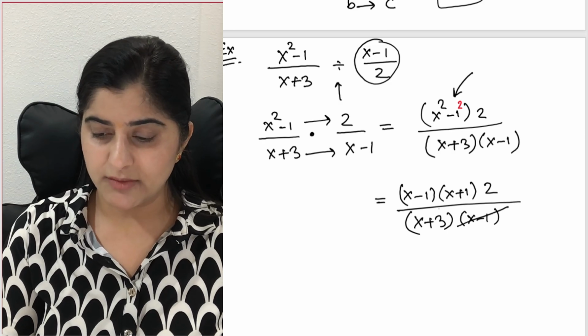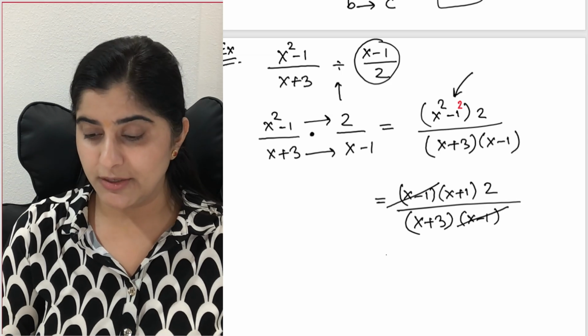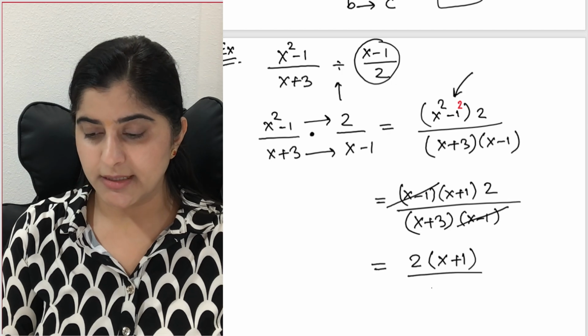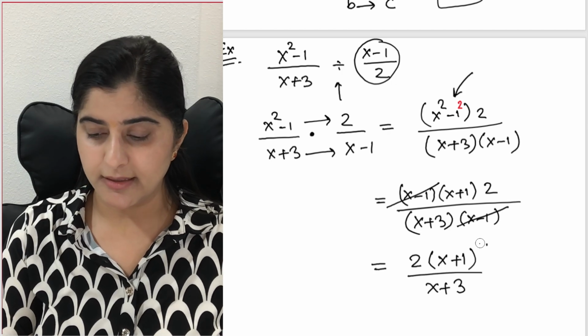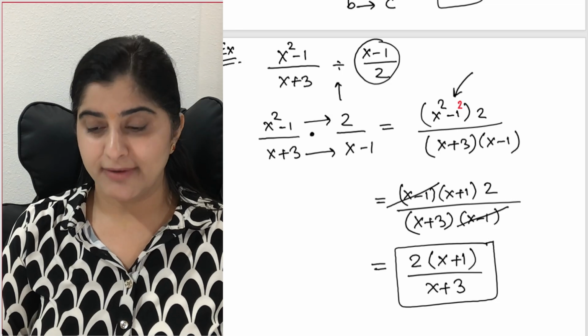You see that this factor is the same as this factor, so we can cancel that out from both the numerator and denominator. We are left with x plus 1 in the numerator and x plus 3 in the denominator. This is how we multiply and divide fractions.